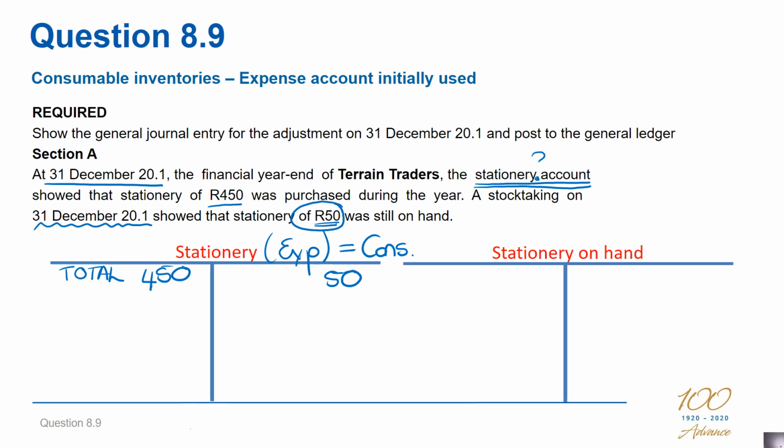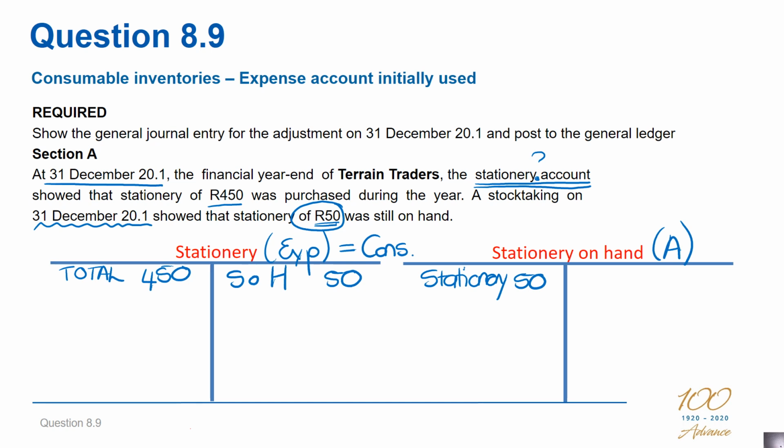And for every debit, we need a credit. So I'm going to have a debit entry in the stationery on hand account, which is my asset. I took this to the stationery on hand asset because I have not yet consumed it. And this I got from my stationery account.